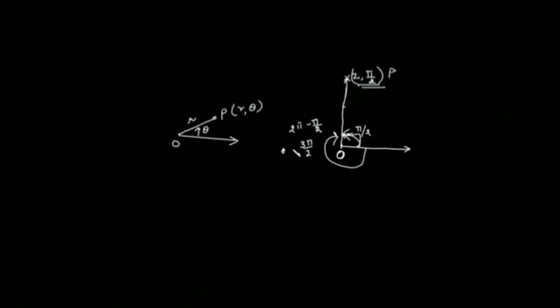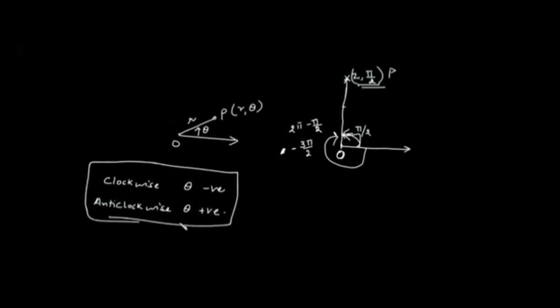But in the clockwise direction, we know that whenever we are moving clockwise, we consider theta to be negative, and when we are moving anti-clockwise, we consider theta to be positive. So if we are moving clockwise, the angle is 3 pi by 2 with a negative sign.